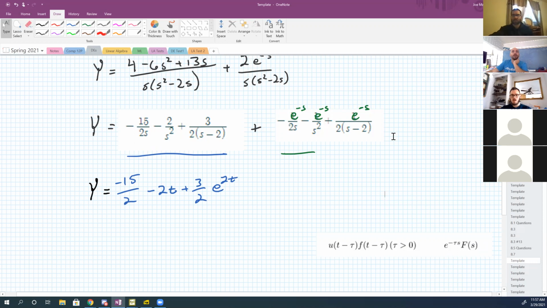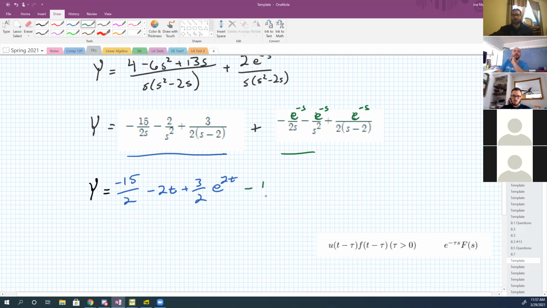So I'm going to split this up, pulling the constants out and getting those e's out. I'm rewriting this so I don't screw it up, because I have a real tendency to mess this part up. In my opinion, the hardest part of differential equations is just getting these inverse Laplace transforms right.